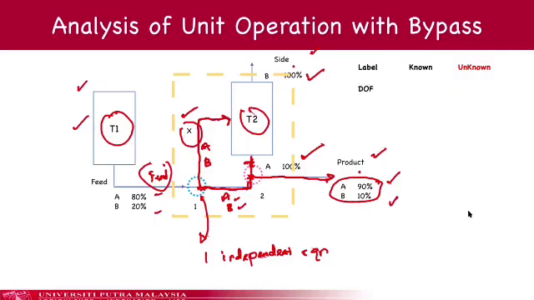Then you can calculate the DOF. Remember, is it a reactive or a non-reactive system? If it is a reactive system, you can use either atomic balance, molecular balance, or extent of reaction. If it is non-reactive, then you can just identify the number of unknowns, look into the independent molecular species, and any other information that you know.